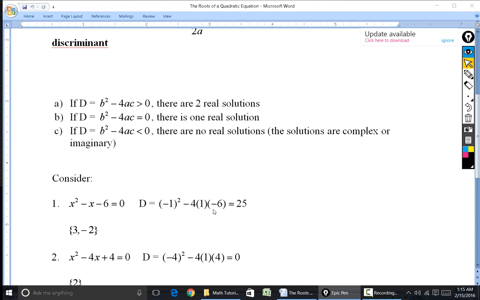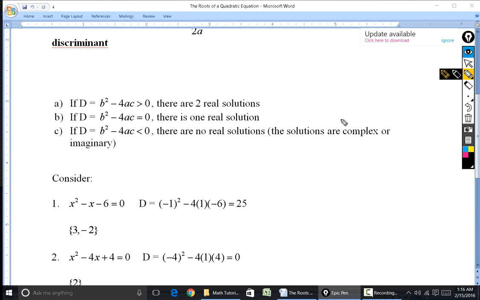So this comes out to 25. That's positive. So I would have two real solutions, which are right here, 3 and negative 2. And I could easily get those also by plugging it into the formula.